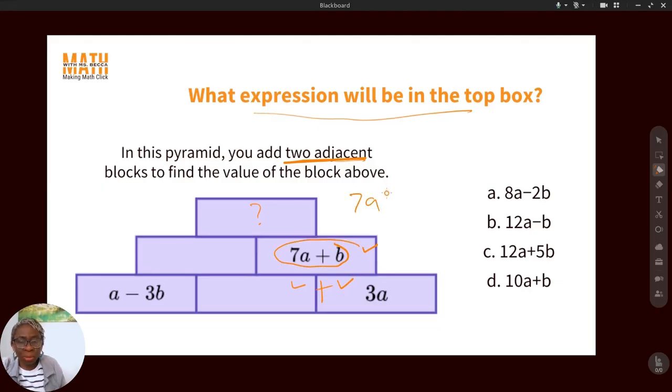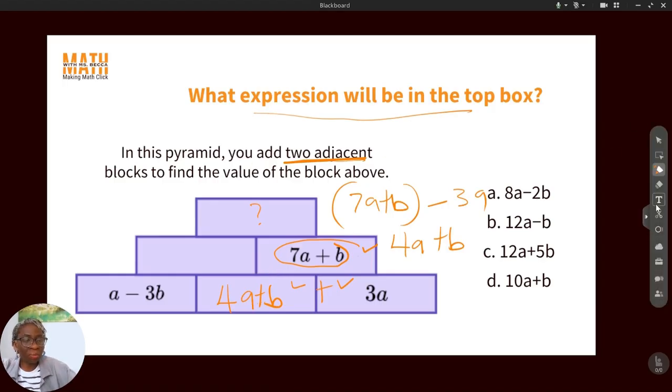We have to do 7a plus b minus 3a for us to get the value of this, because we are adding two adjacent blocks to get the value of the block above. So that means 7a minus 3a gives 4a plus b, since this does not have b. So this block will be 4a plus b.